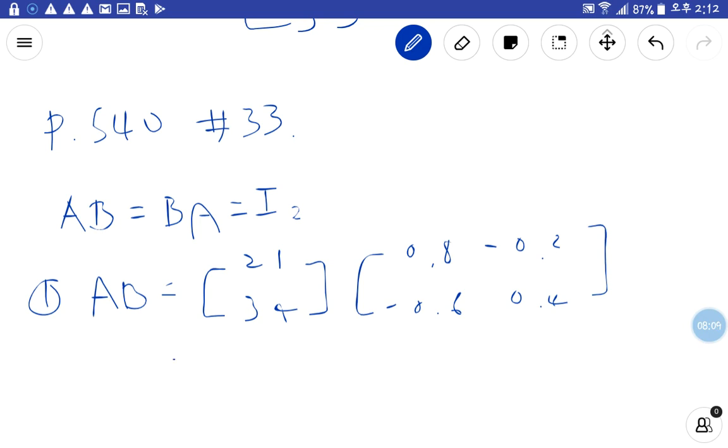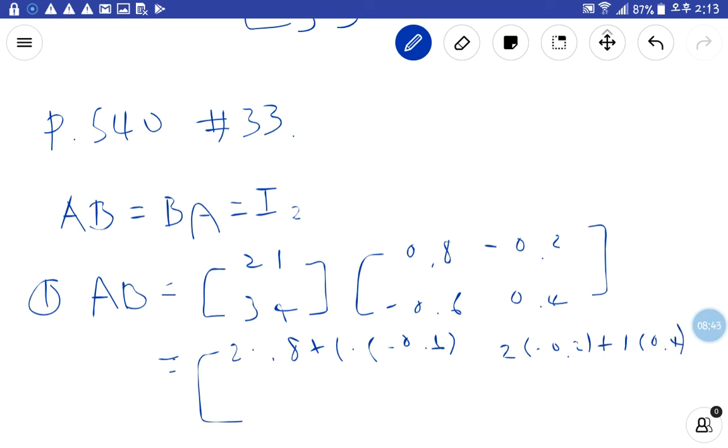They are decimals. Still, you do the same way. So you need to use the first row and then the first column. So 2 times 0.8 plus 1 times negative 0.6. That's your first. Now, 2 times negative 0.2 plus 1 times 0.4.